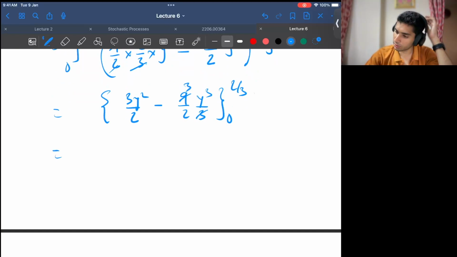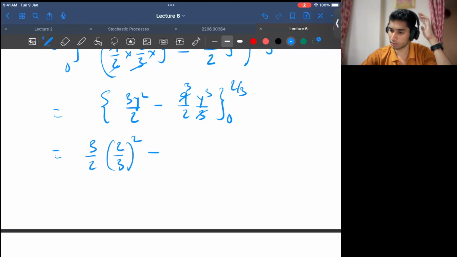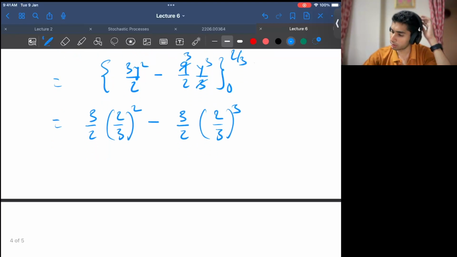So this is equal to what? 3 times 3 by 2 times y square. Substitute y to be 2 by 3. 2 by 3 whole square minus 3 by 2 into y cube, which is 2 by 3 whole cube. Right? So this will become what?